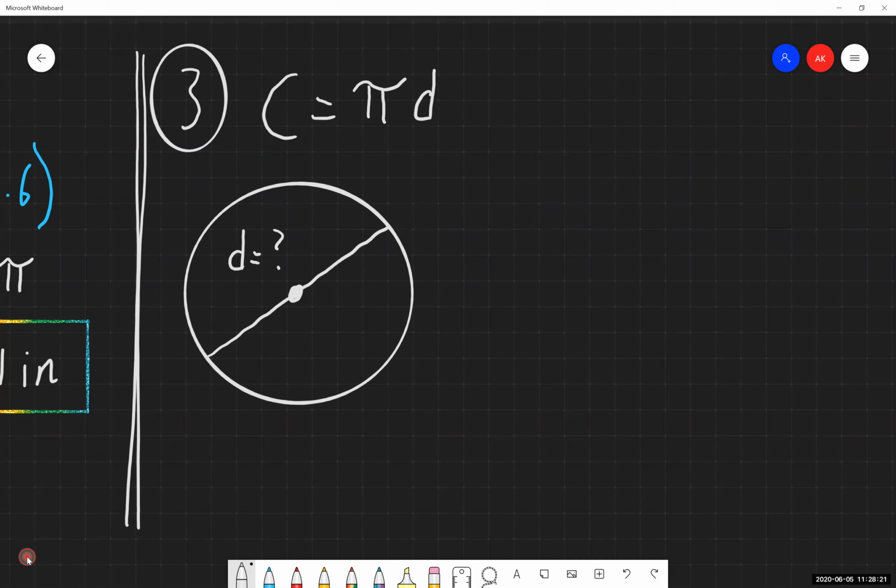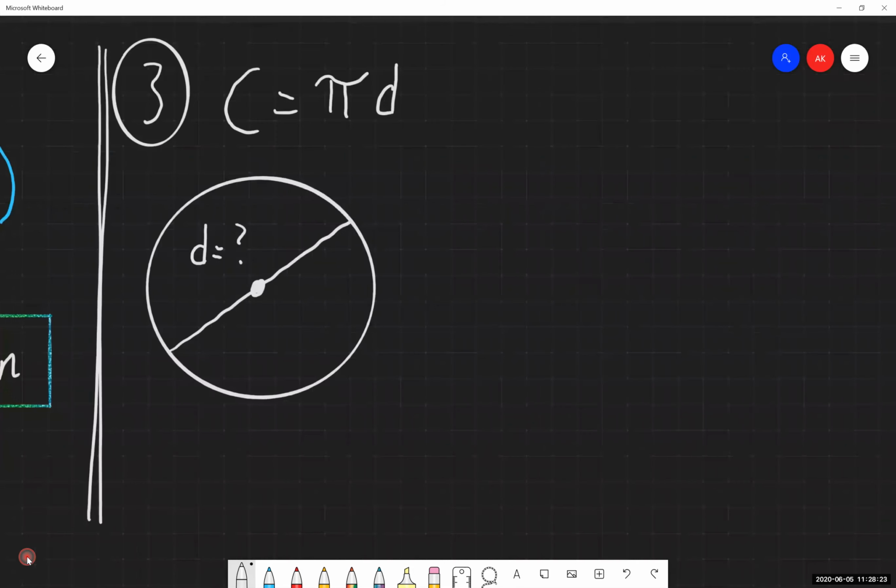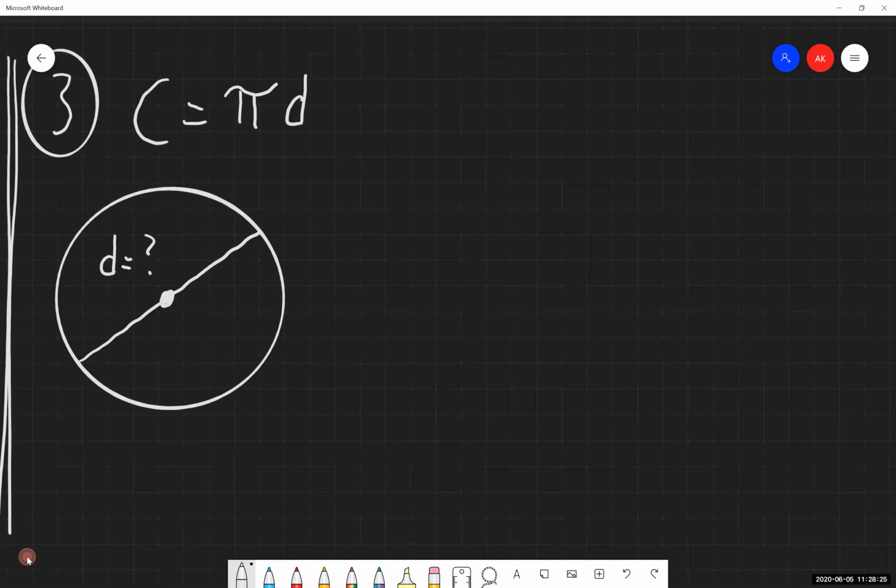But we have been given the circumference, so we can solve for that. We are told the circumference is equal to 147.58 meters. So in our general equation, we can plug in 147.58 for the circumference, and we're going to solve for the diameter.